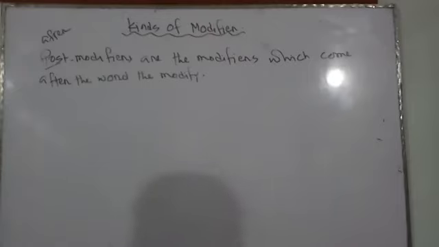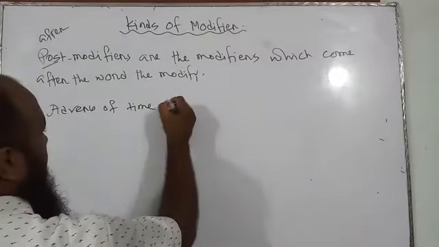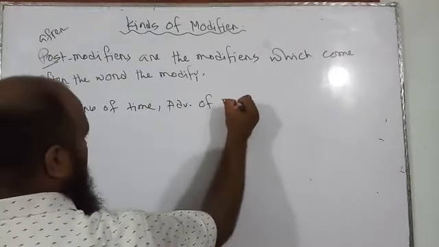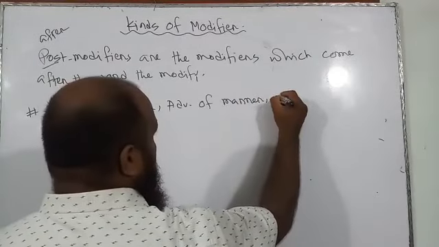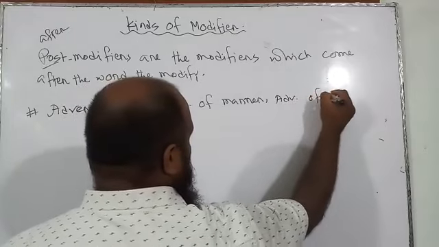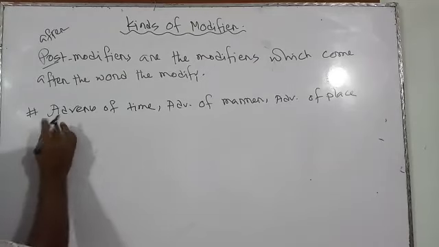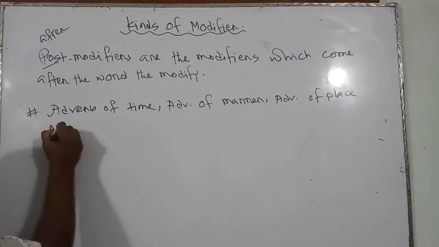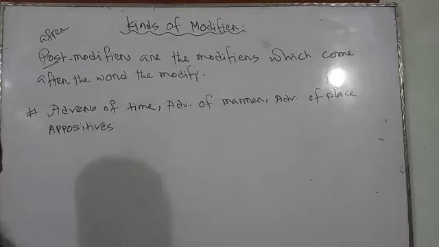And also, what type of thing? We use adverb. Adverb of time, adverb of manner, adverb of places, appositives, I will give you the example.